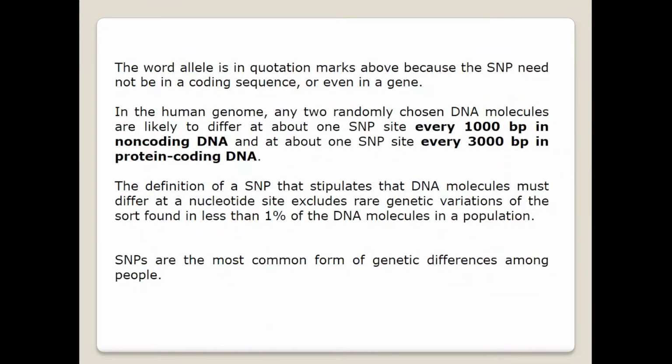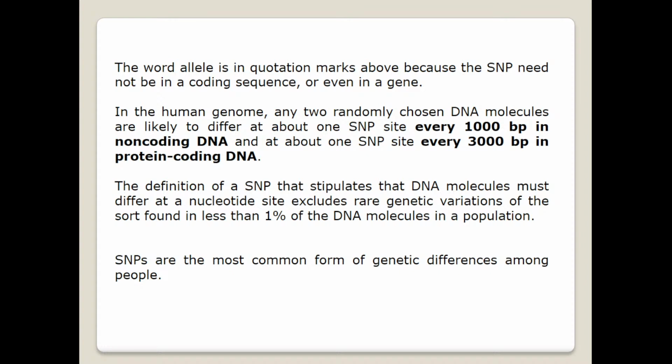And also statistical information. The word allele is in quotation marks above because the SNP need not be in a coding sequence or even in a gene. In the human genome, any 2 randomly chosen DNA molecules are likely to differ at about 1 SNP site every 1,000 base pairs in non-coding DNA and at about 1 SNP site every 3,000 base pairs in protein coding DNA.